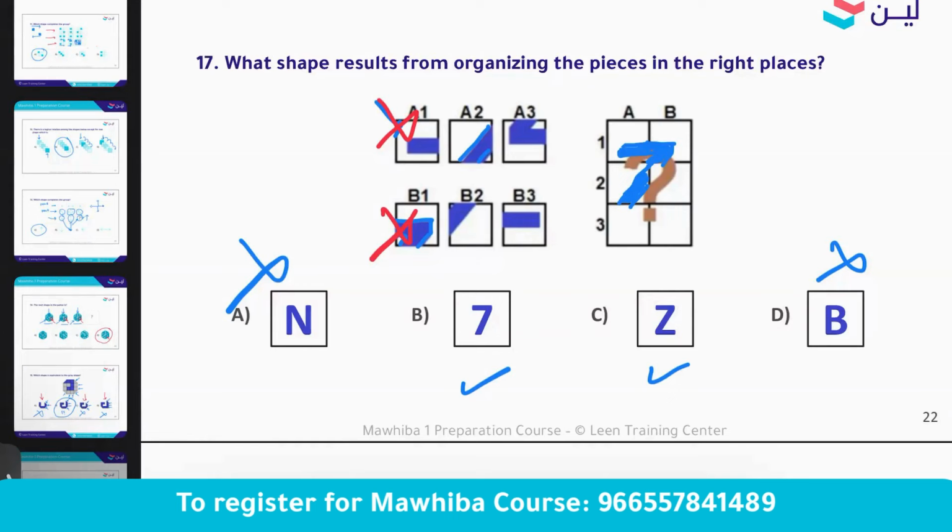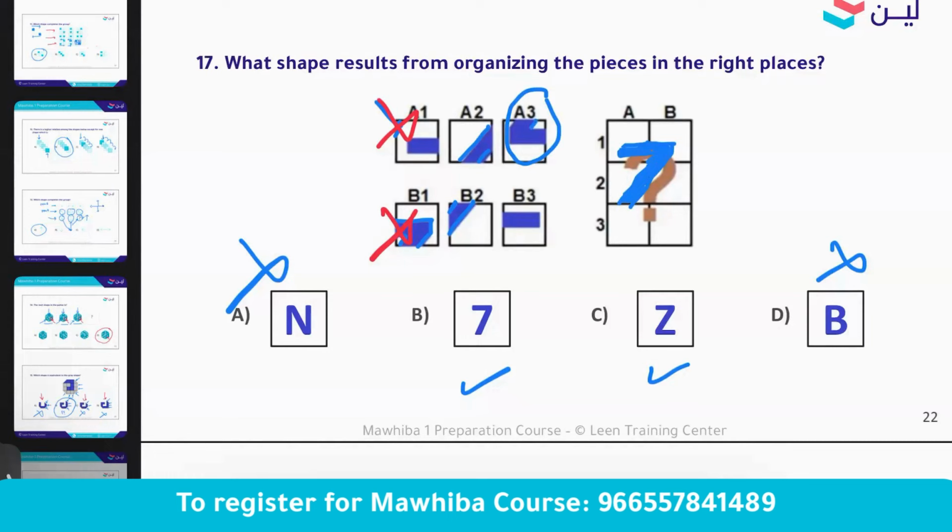What is B2? B2, we are going to color the corner a little bit. Here is the corner. Uh-oh, still, I can't decide if it's 7 or Z. I need to continue the pattern. So where is A3? Here is A3.